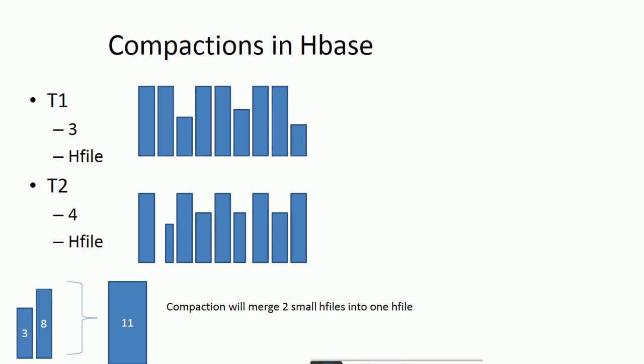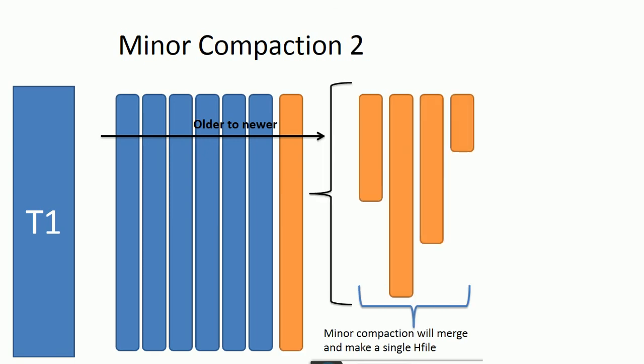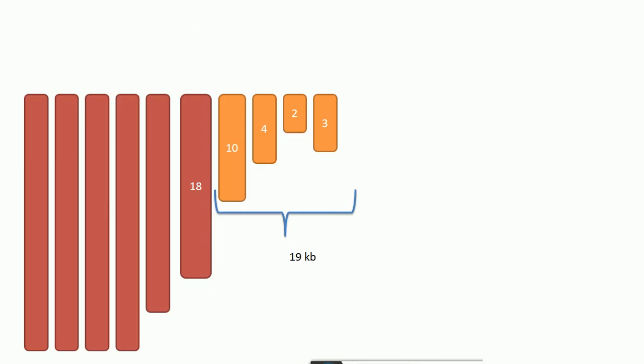So there are two types of compaction. This is a minor compaction example: newer files are merged and a single file is created. In this example, the dark red is the older file, so if all of that gets merged, that is called major compaction.